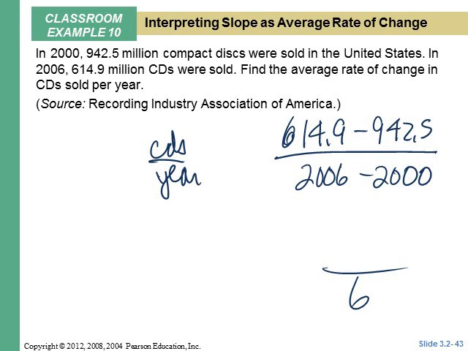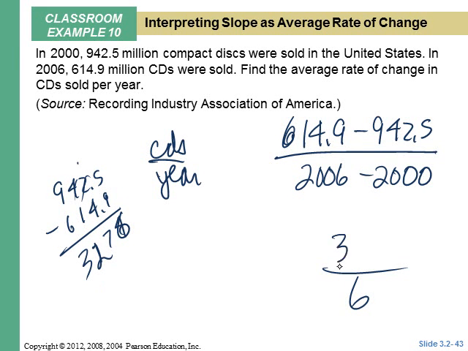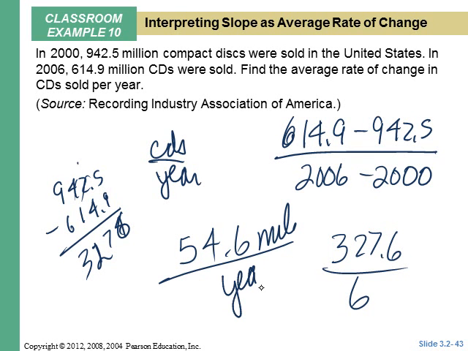Oh man, I don't have my calculator, so I'm going to have to do it longhand. 327.6 per 6. I don't know what that is, about 50 something. 54.6 million CDs per year.